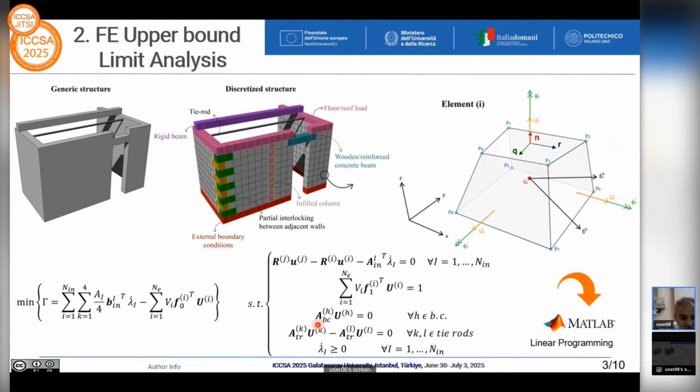Then we have other equality constraints that represent the boundary conditions. If you have the presence of, for instance, tie rods, you have additional equality constraints, and then you have the non-negativity of the plastic multipliers at the interfaces. So it seems complex, but at the end of the day, solving such a problem nowadays with a computer is a piece of cake.